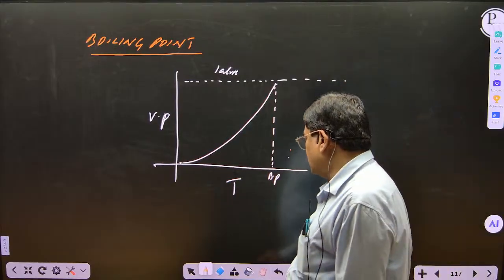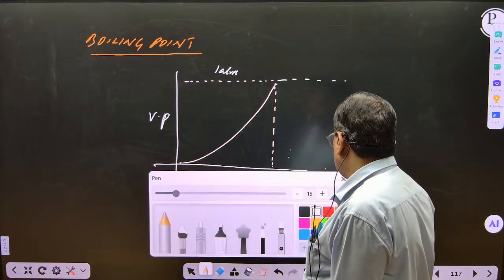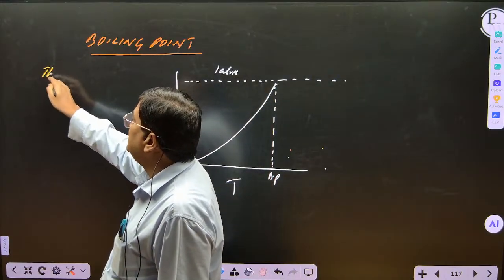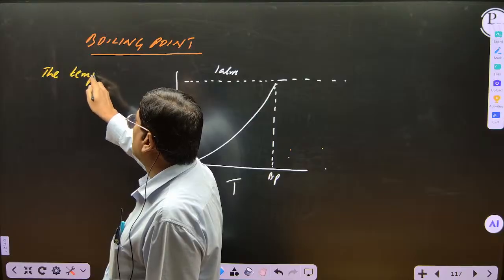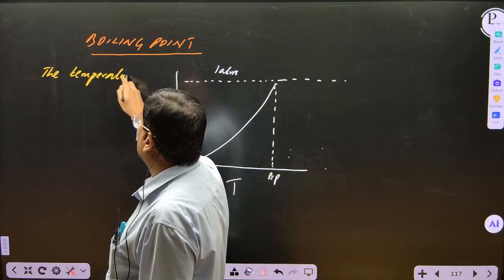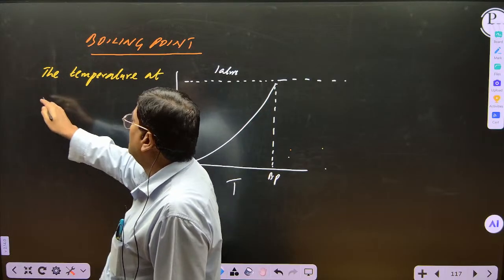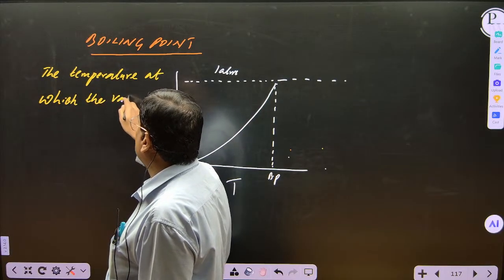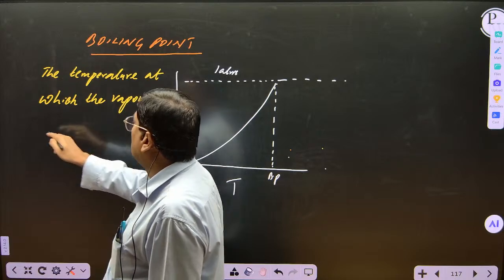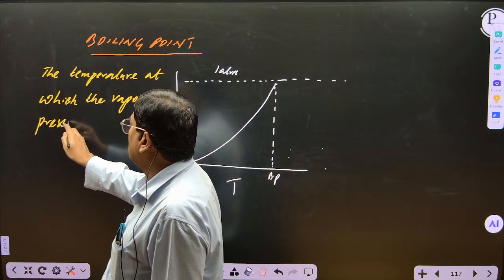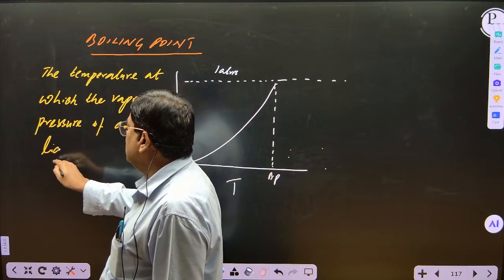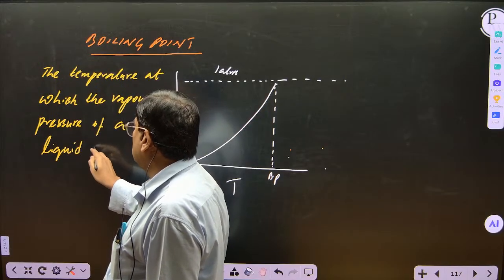So write the definition of boiling point. What is the definition of boiling point? The temperature at which the vapor pressure of a liquid is equal to how much, students?